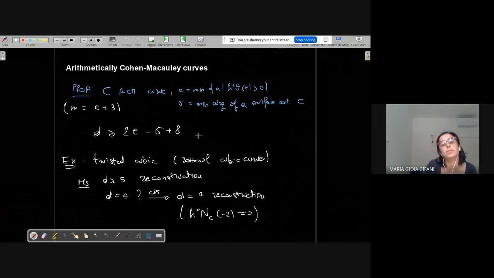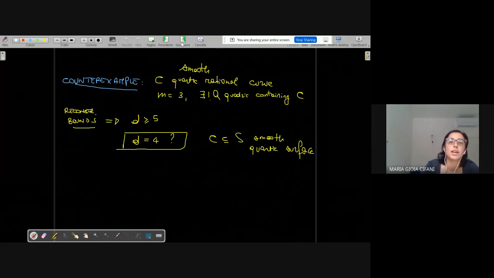So one can ask to go a bit further than this, because ACM curves are a good space to compute things and to test things. Sorry. And okay, we can go further.